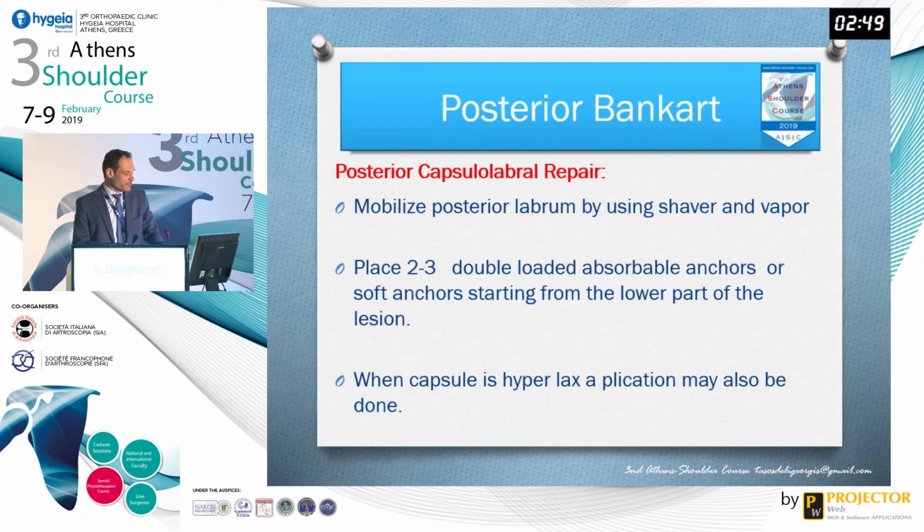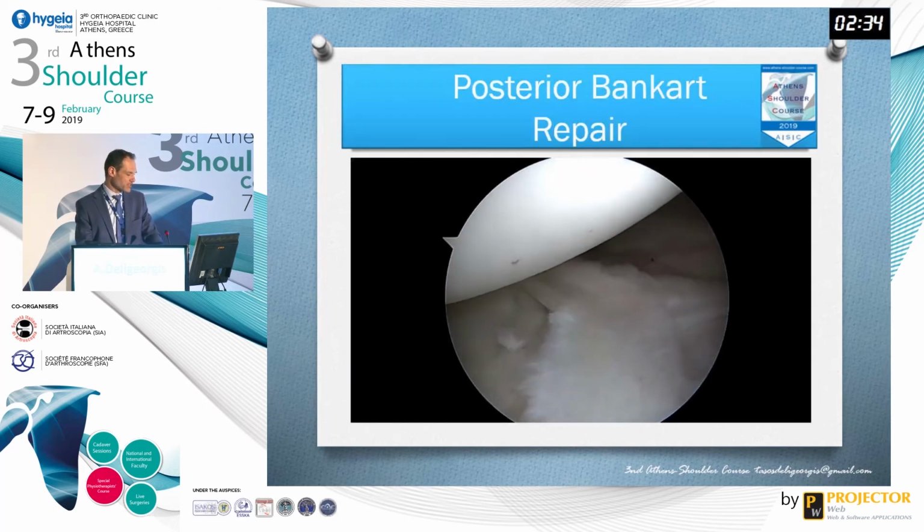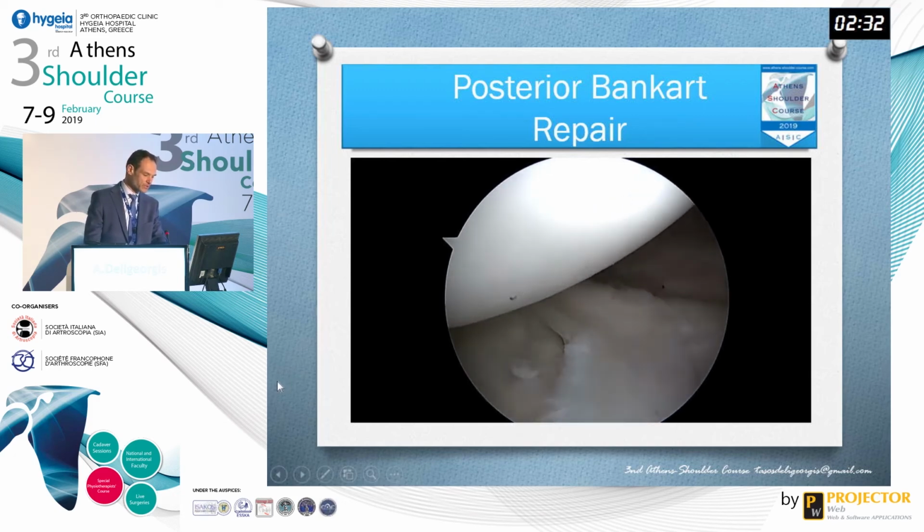We usually do what we said before: mobilize the posterior labrum using a shaver or a vapor. Place 2 to 3 double-loaded anchors starting from the lower part, and if it's hyperlax, then you might do a plication. Now we are looking from the anterior superior portal.